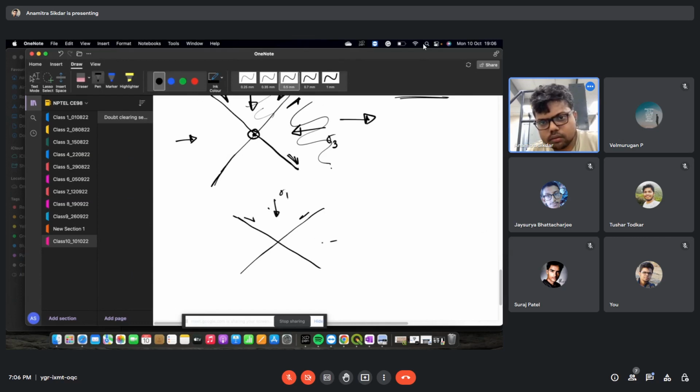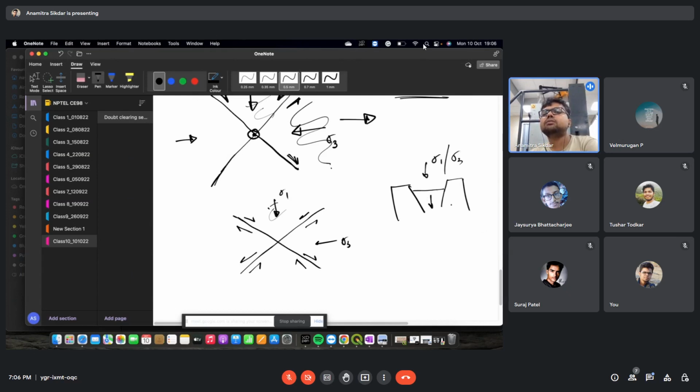This is sigma 1, this is sigma 3. This will be the extension regime and this will be the compression regime, right? So in a compression regime, what will happen? The net displacement is downwards, right? Suppose there is a horst graben structure and this block is going downward. So what will you say, that sigma 1 is vertical or sigma 3 is vertical?